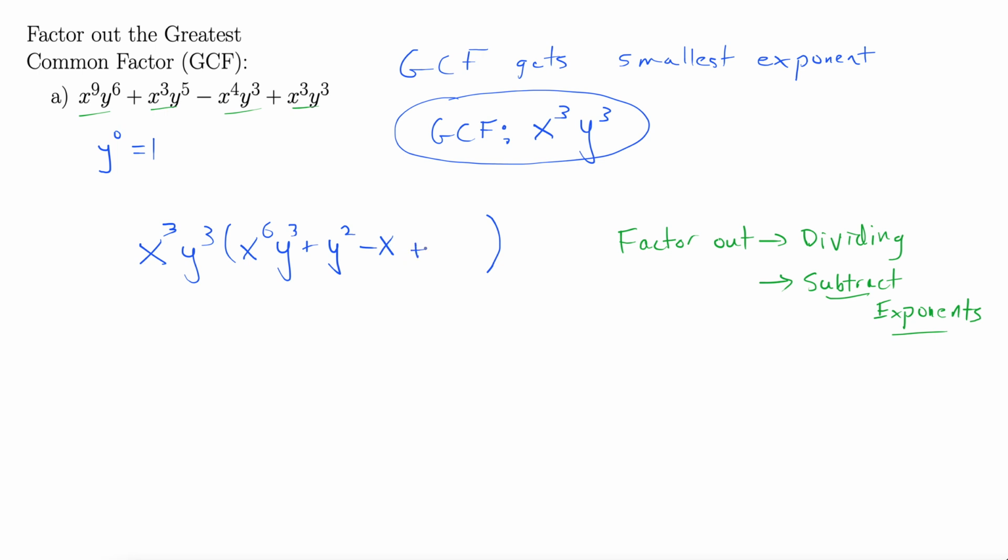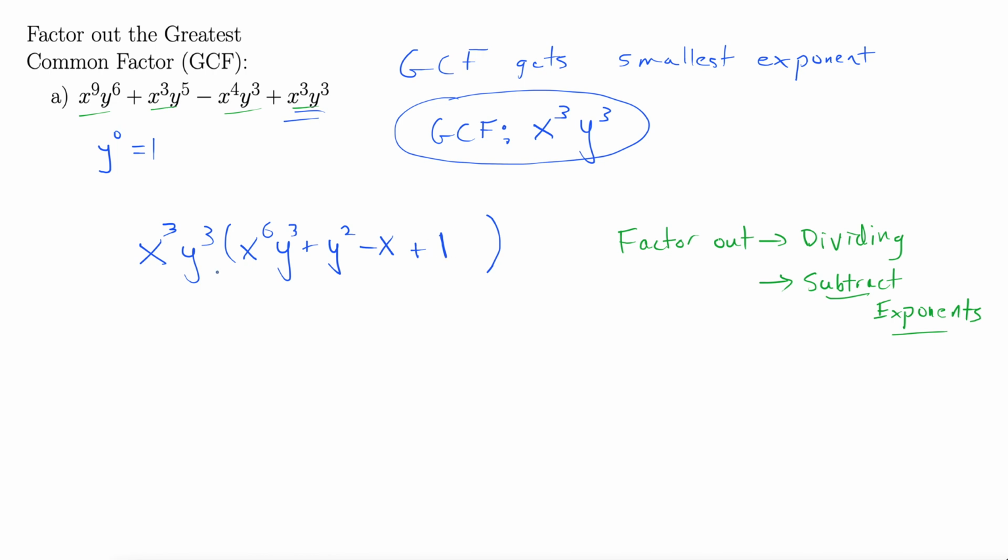Plus, look at this, x to the 3 and y to the 3. If we factor the whole thing out to the front, it seems like there's nothing left. But it's not nothing. There's always a 1 here as a placeholder. If we were to multiply this back through, we'd want to end up with x cubed y cubed back in this place, so we need a 1 here.